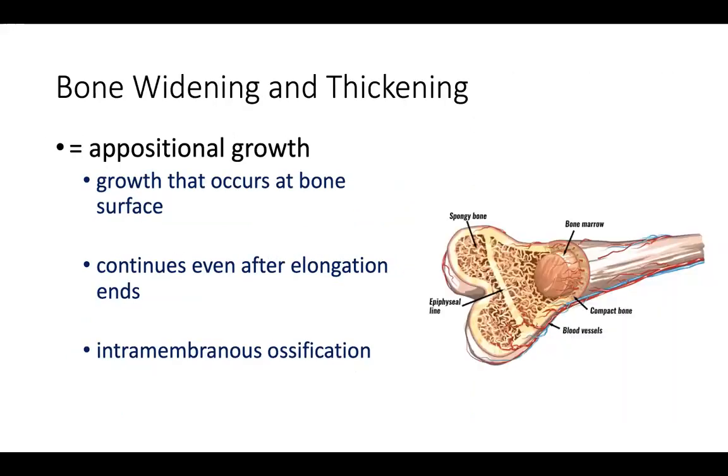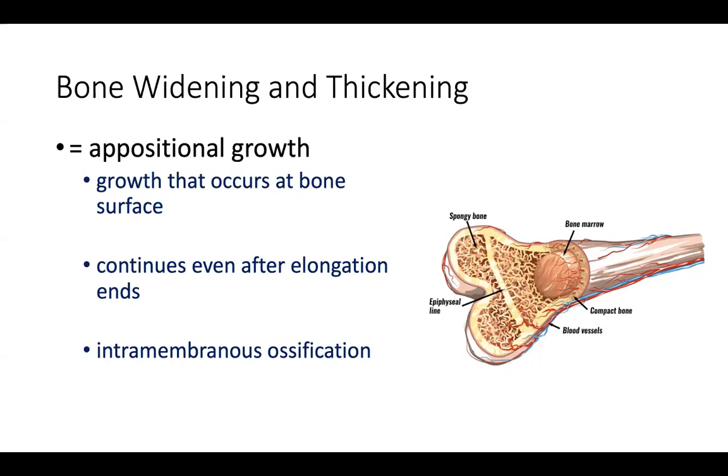Then the other type of growth, that widening and thickening, is called appositional growth. So interstitial is lengthwise, appositional is widthwise. This occurs at the bone surface. So it's not within the bone, like in between pieces of the bone. It's actually on the outside of the bone. This is going to continue even after elongation ends.